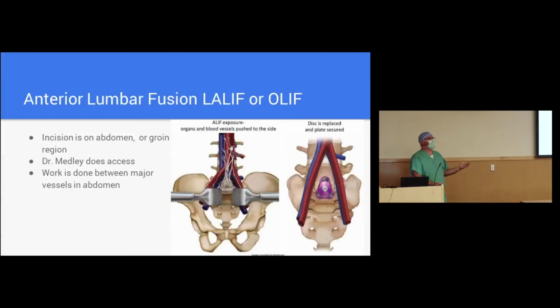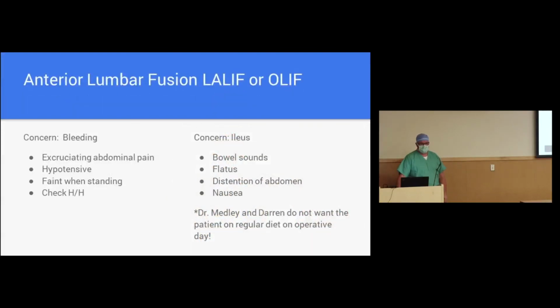Now, again, thinking about how the procedure was done, you can think of the potential complications. So what would be a potential complication of working in this area? The vessels, right? So that's one of the biggest complications, is the bleeding. So if somebody's all of a sudden up on the floor, they have excruciating abdominal pain, they're hypotensive, as soon as they stand, they faint or pass out.